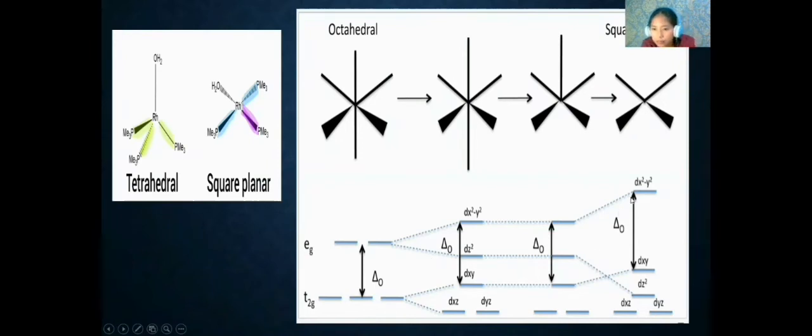The dx² - y² is being raised, while the dxy is lowered, and then dz² is also higher than the dxz and dyz for our square planar.